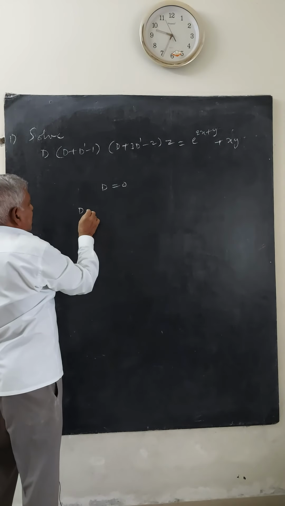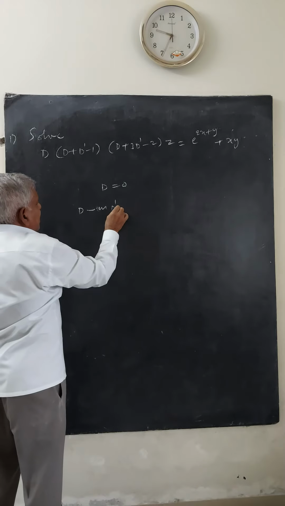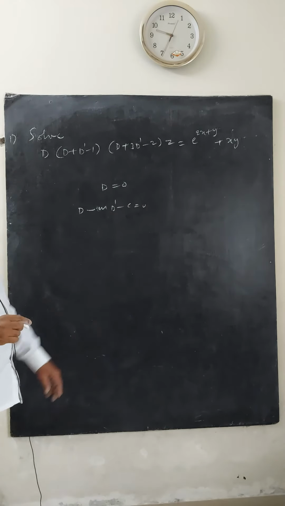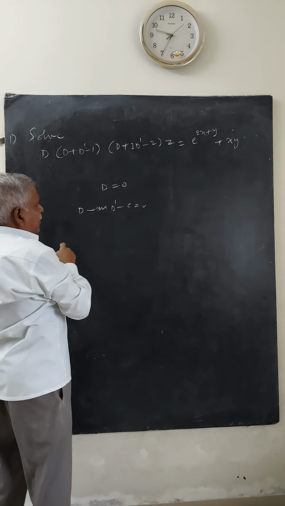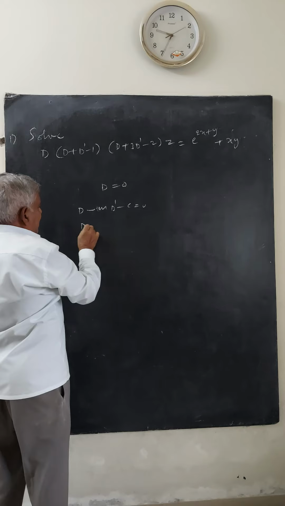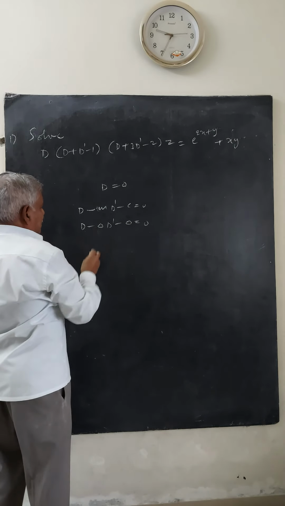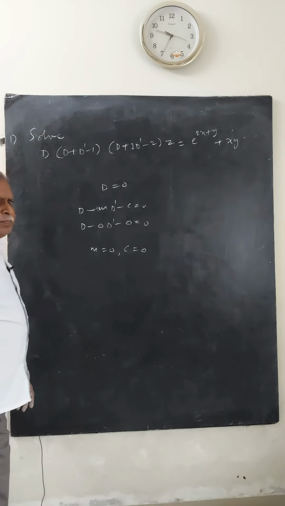See, (D - mD' - c) = 0 is the form we have to take as one standard factor. Comparing this to D - 0·D' - 0 = 0, we get m = 0, c = 0.